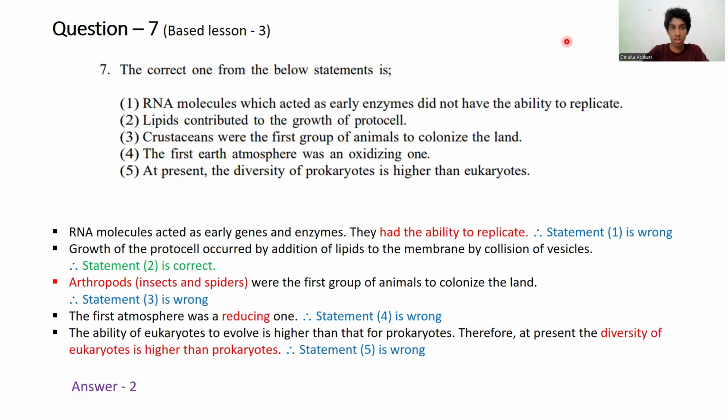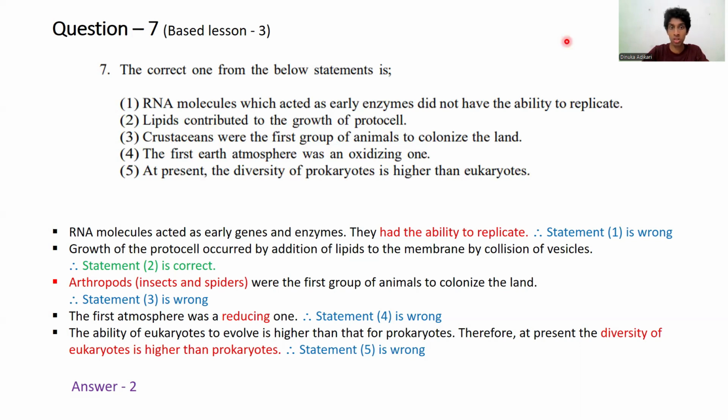Statement 3. Crustaceans were the first group of animals to colonize the land. No, the crustaceans weren't the first group to colonize the land. Insects and spiders, who are arthropods, were the first group of animals to colonize the land. Therefore, statement 3 is wrong. 4. The first Earth atmosphere was an oxidizing one. No, the first atmosphere was a reducing one. Therefore, the fourth statement is wrong. 5.